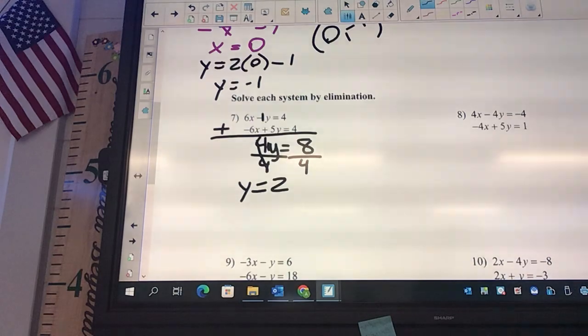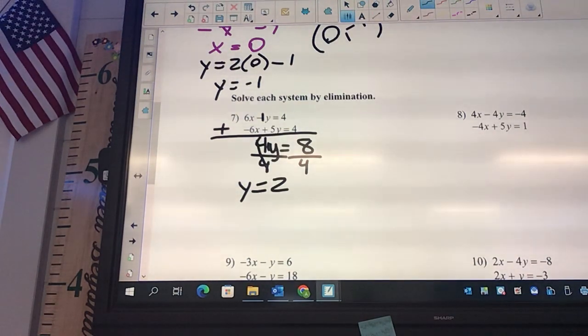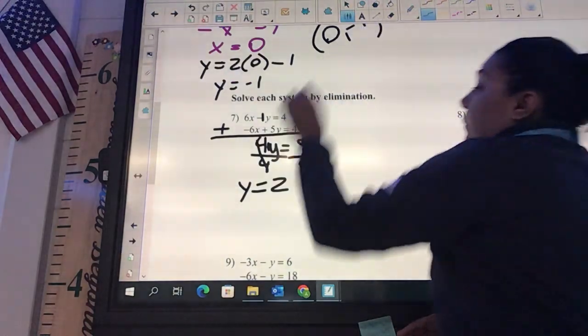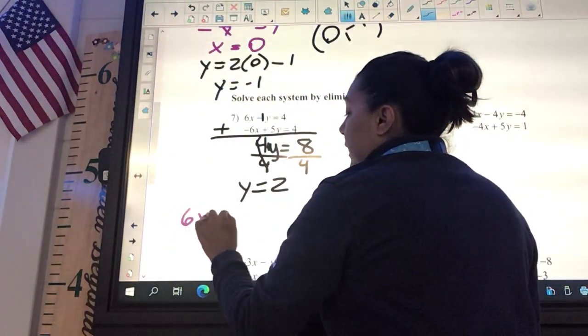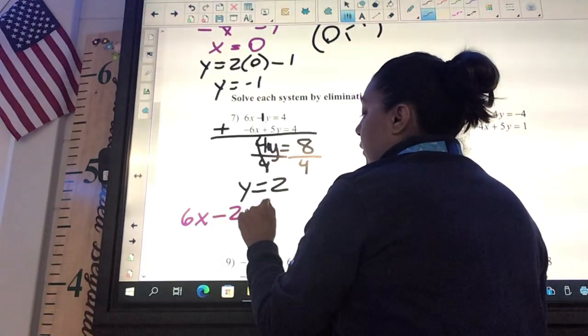Okay, and where do we plug that in? The y, doesn't matter which equation? No. Okay, which one do you guys want to use? Top one? So we got 6x minus, our y is 2, equals 4.